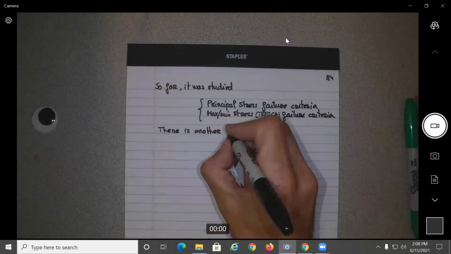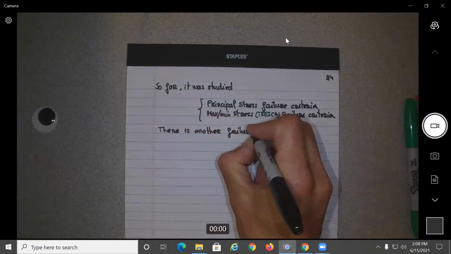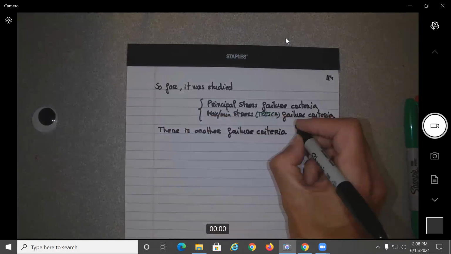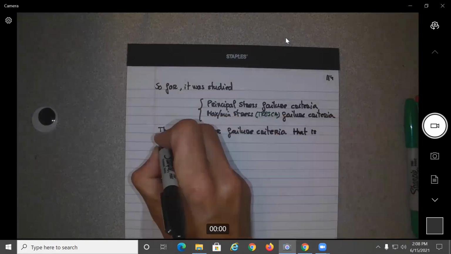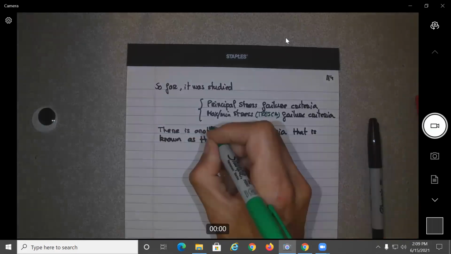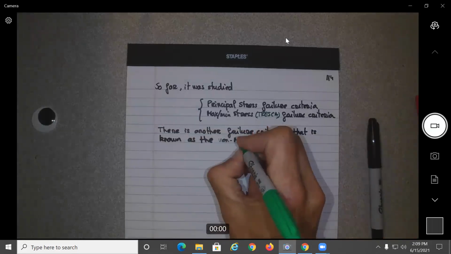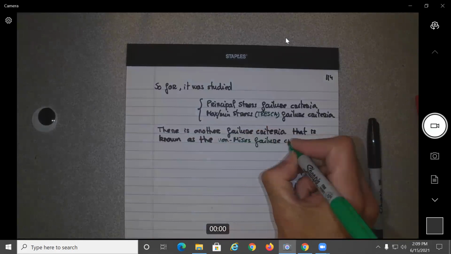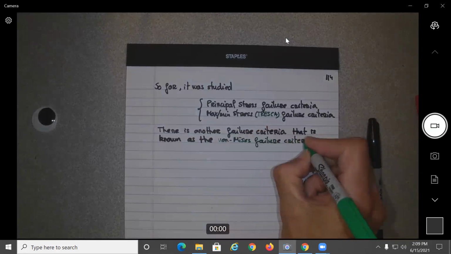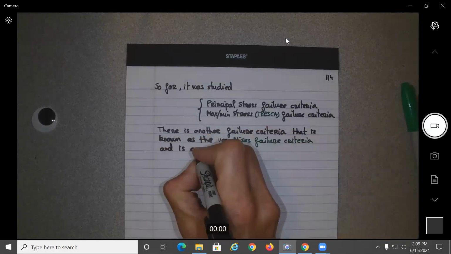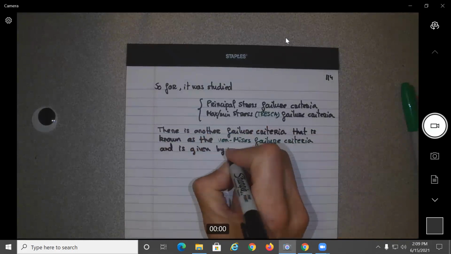There's another failure criteria that is known as the von Mises failure criteria, and it is given by this equation here.